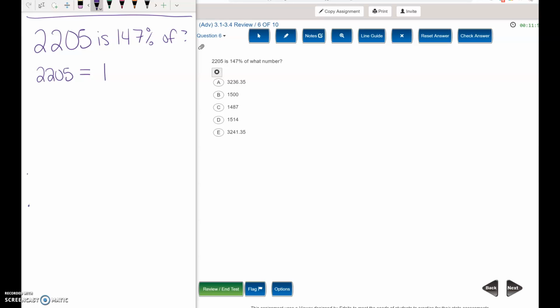This as a decimal is 1.47, or move the decimal 2 places to the left to get 1.47. Of means multiply, and we don't know what the number is. Now we can see that we need to do 2,205 divided by 1.47, and that gives us 1,500.